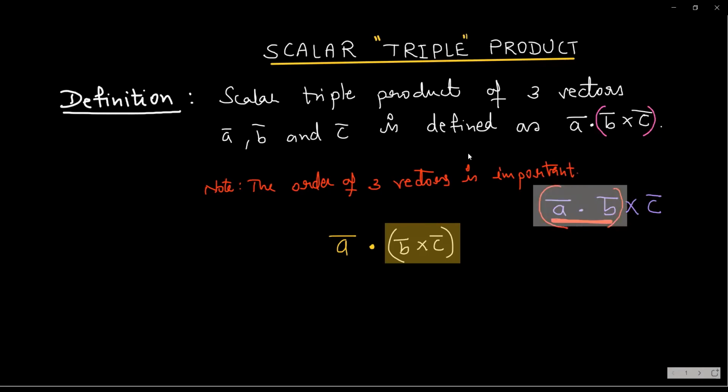Now tell me, students, can we have the cross product of a number with a vector? Can we have the cross product of a scalar and a vector? That is not possible. Whenever you say cross product, remember, cross product has to be between two vectors.